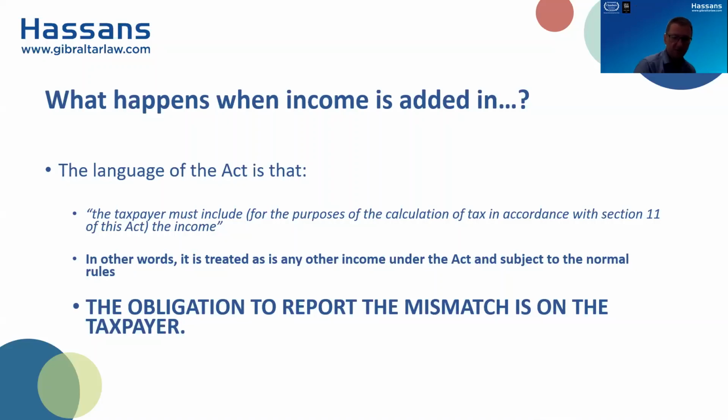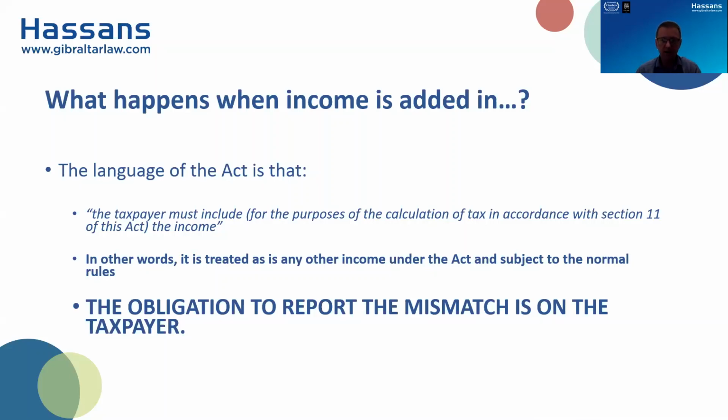Now, the language in brackets is quite interesting because that takes this income into the remit of Section 11 of the Income Tax Act. So the normal rules for calculating taxable income, I would say, apply to the income which is then included in the tax base.